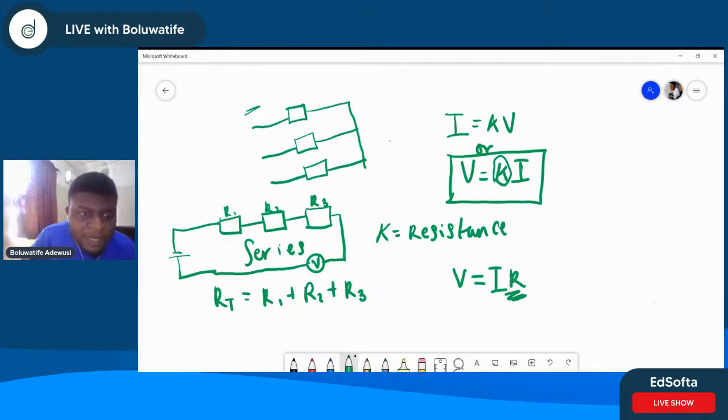Pardon the fact that I'm always drawing it in threes. You can have two or one, but it's just to illustrate a point. We just have it like that.